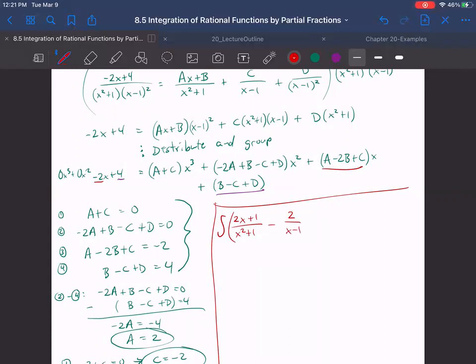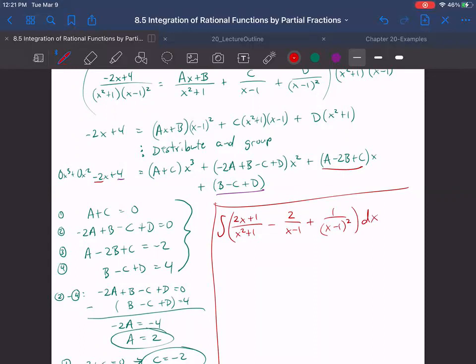And then we have d, which was just 1, so this is plus 1 over x minus 1 squared, and then dx.